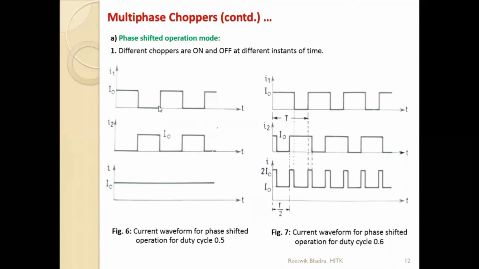See, 0.5 means the total time period is up to here, so half of this is my duty cycle, T on by T. So if you add these two, I1 plus I2, which is our I, first we get I0, then again I0, a straight line. So I is equal to I0 in this case when the duty cycle is 0.5.